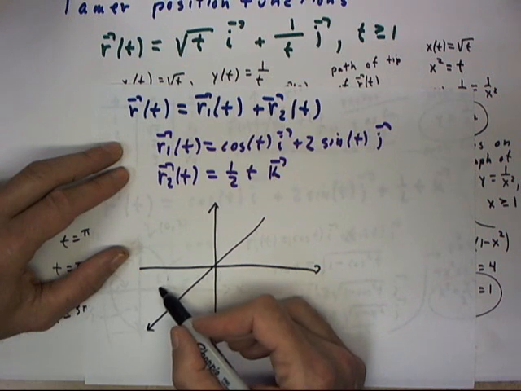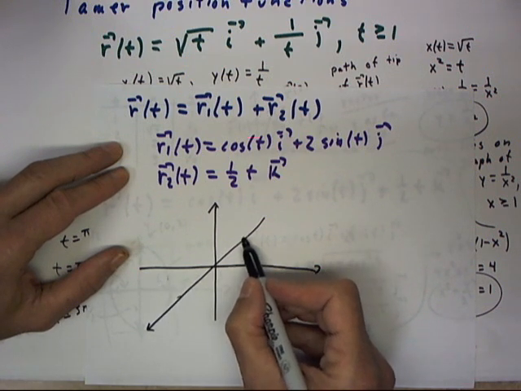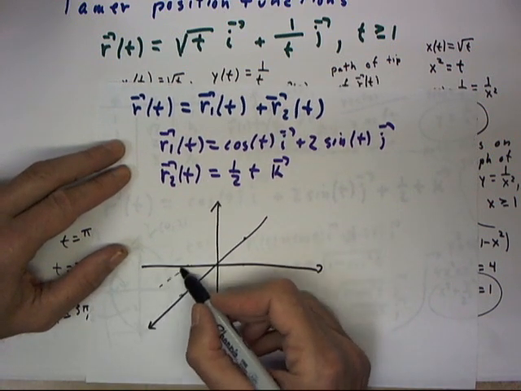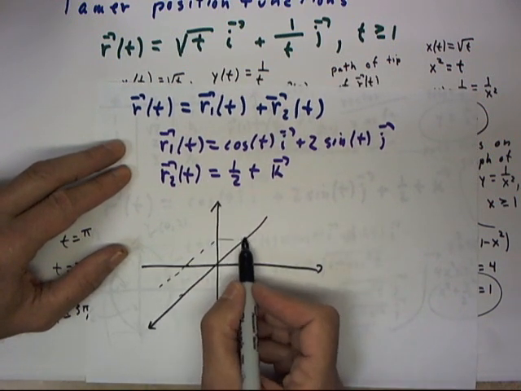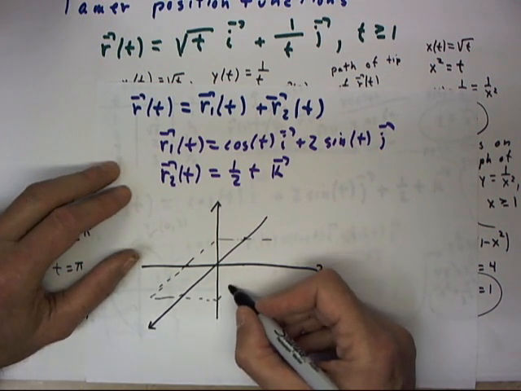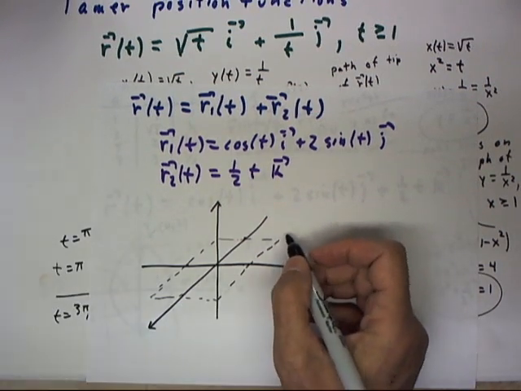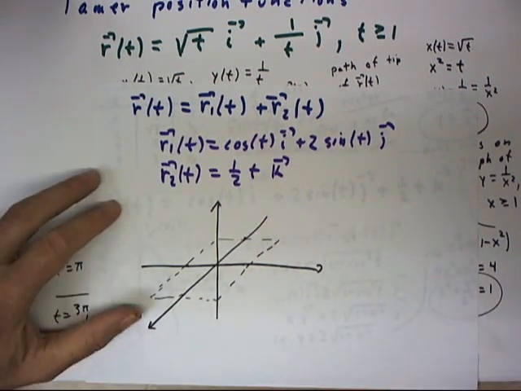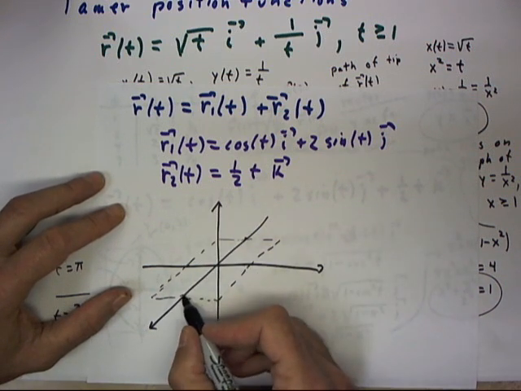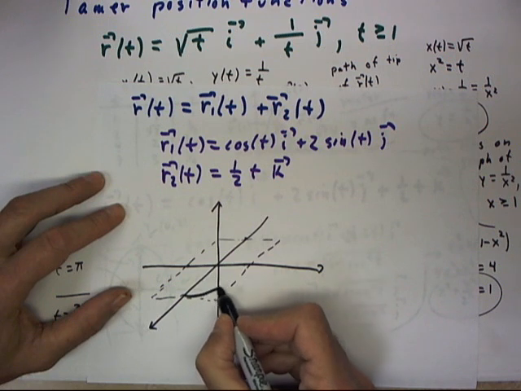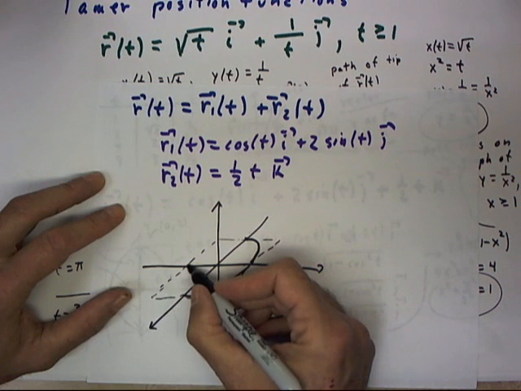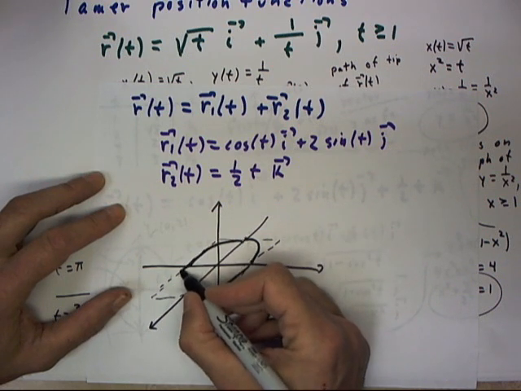We can sketch the ellipse in the xy plane. I've elongated this ellipse in the wrong direction, but we're going to use it to represent our function anyway.